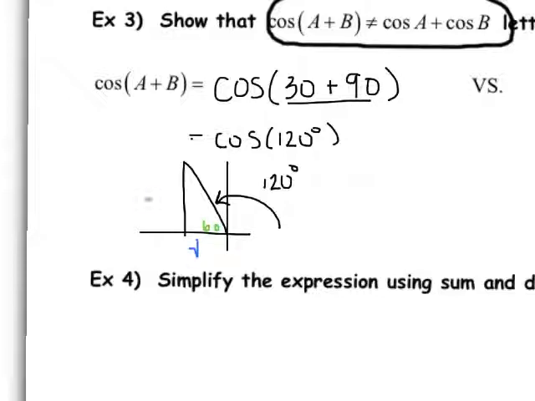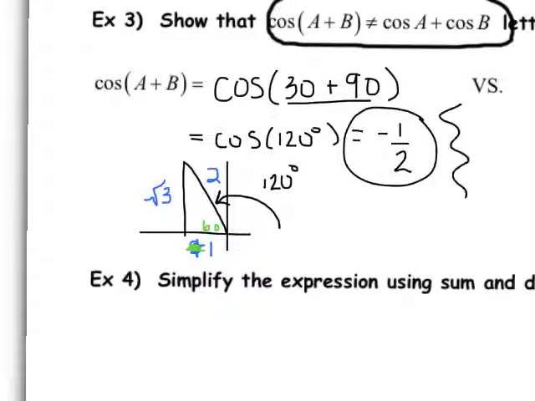So across the 60 is root 3. Across the 30 is 1, and across the 90 is 2. And this is going to be a negative 1 because it is going left. So cosine of 120 degrees is equal to negative 1/2.